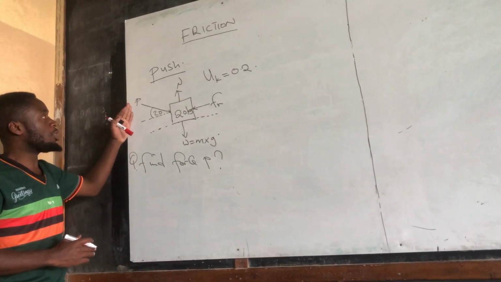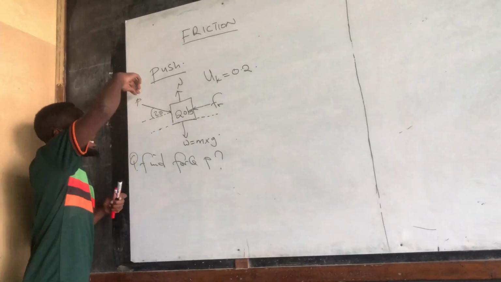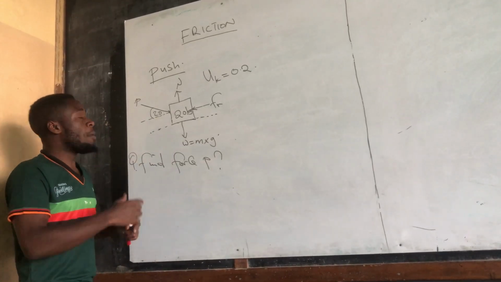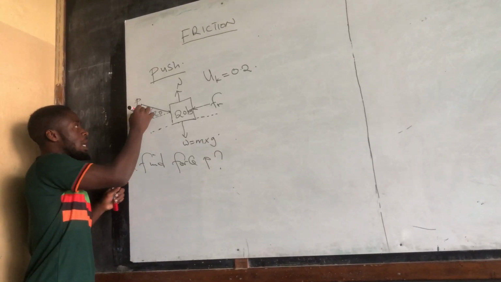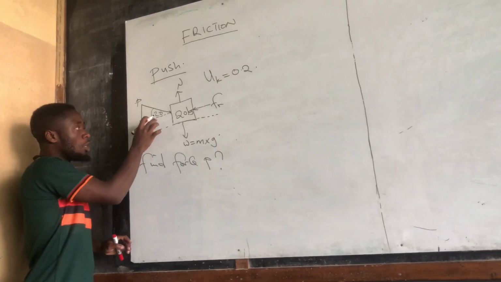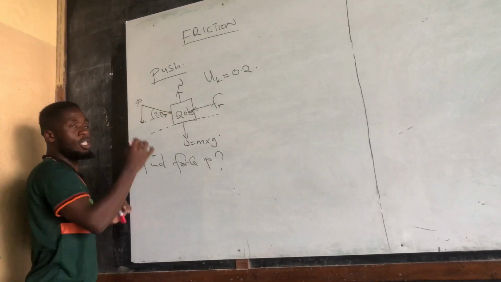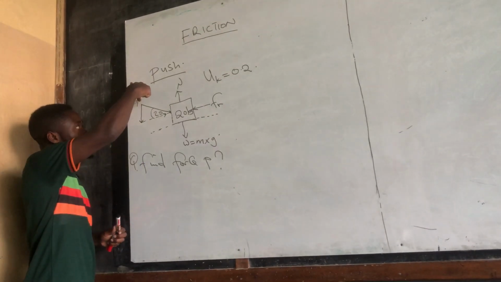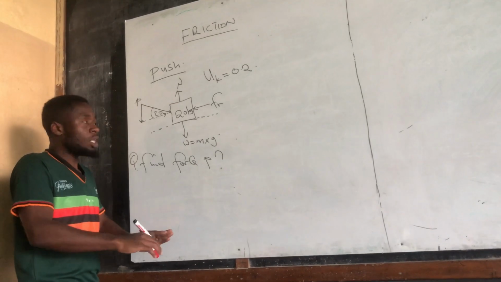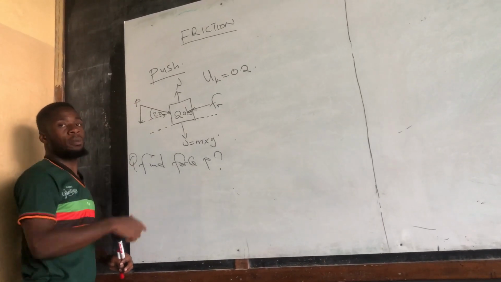It's more like someone is pushing like this, forcing it down. So the vertical component will go down, and the horizontal component will go towards the push.